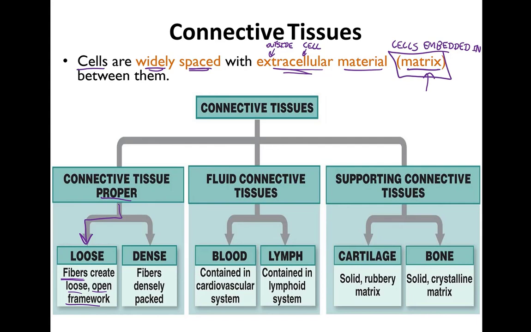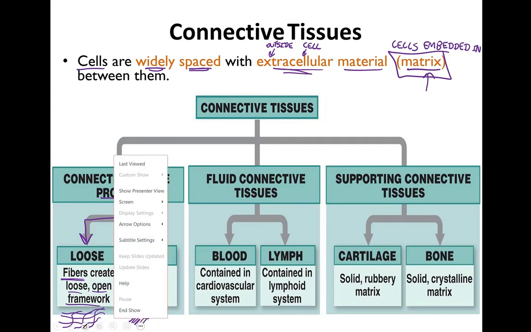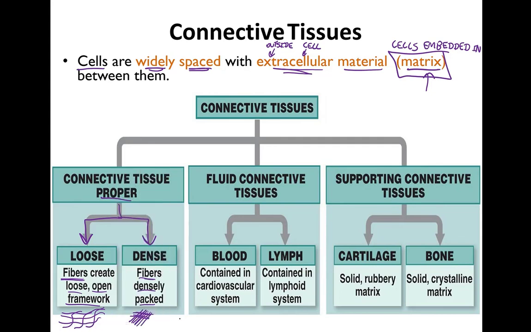Now that's opposed to dense connective tissue, which is where fibers, very similar to the ones in loose tissue, are densely packed together. So it's the difference between having fibers woven together like this versus fibers that are woven together like this.